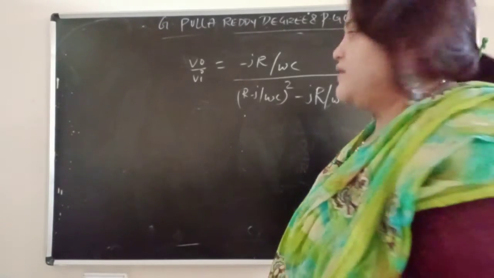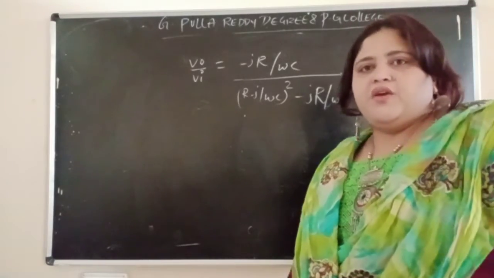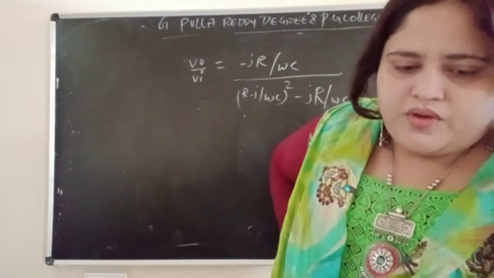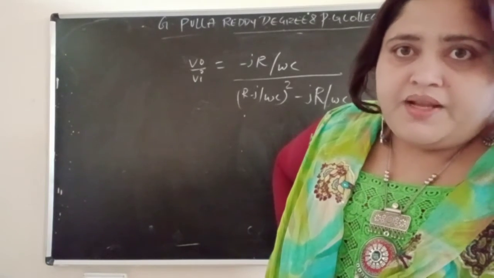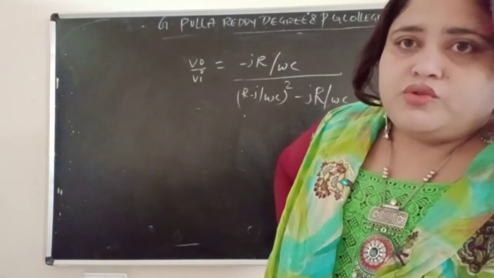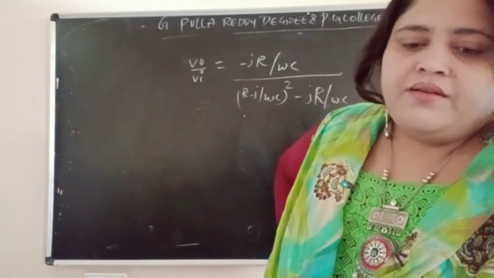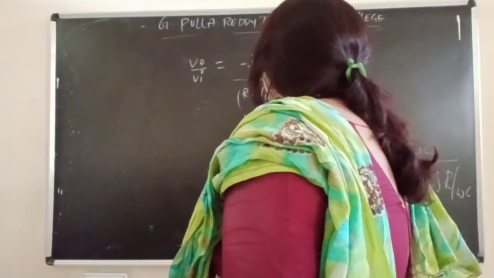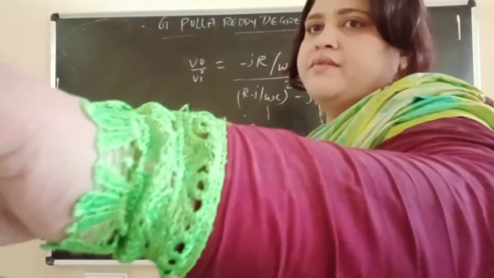What is (A minus B) whole square? The formula is A square minus 2AB plus B square. So you should expand this in the A square minus 2AB plus B square formula.